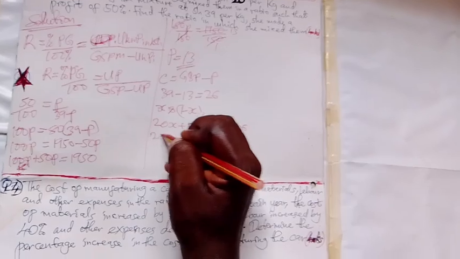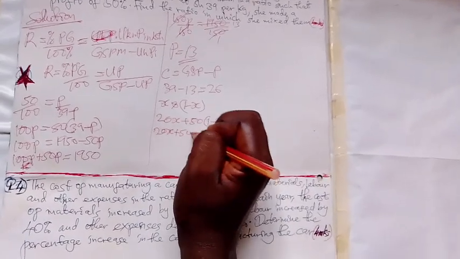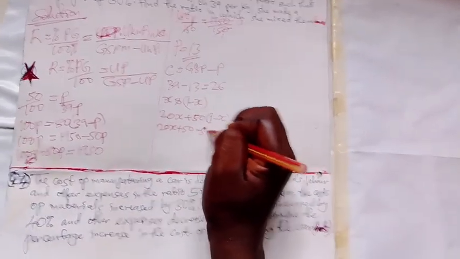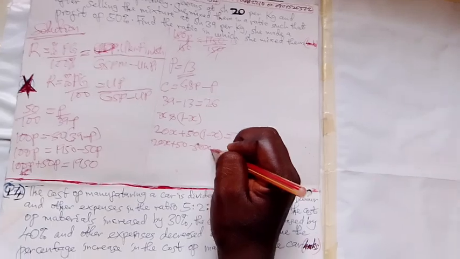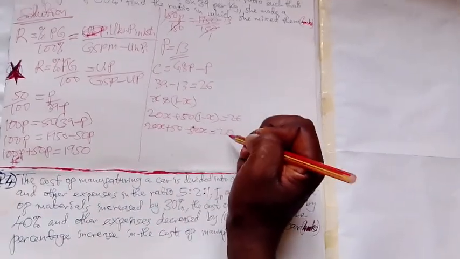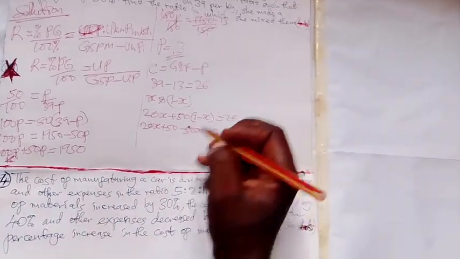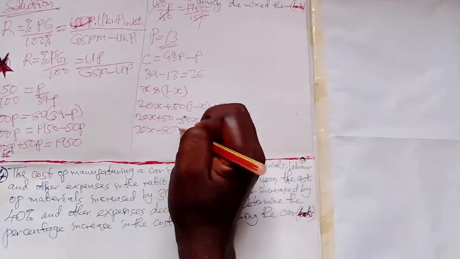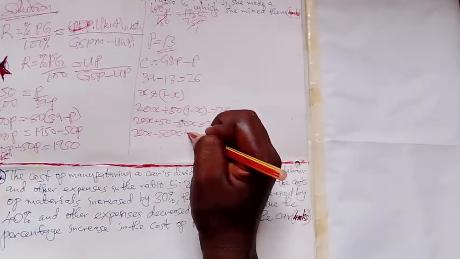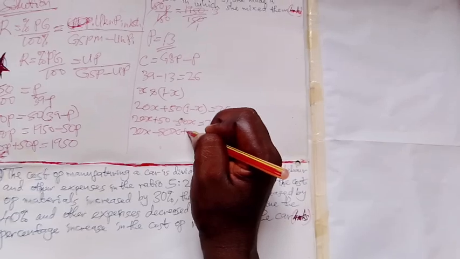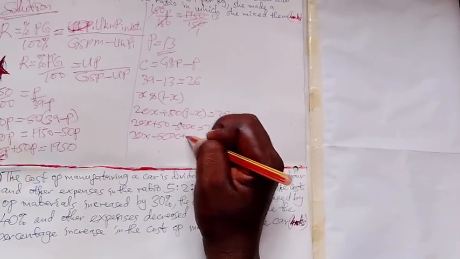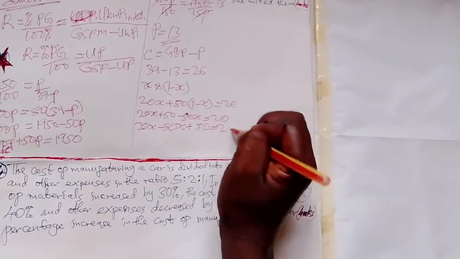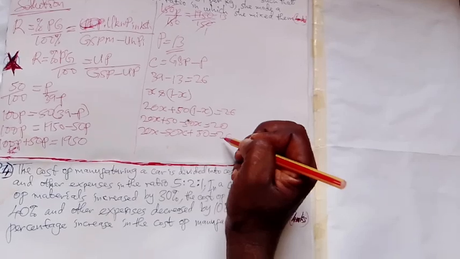Therefore 20x plus 50 minus 50x is equal to 26.